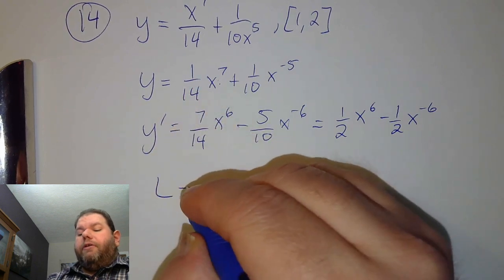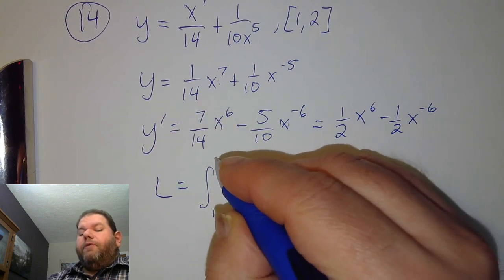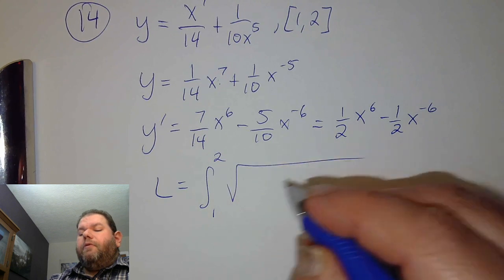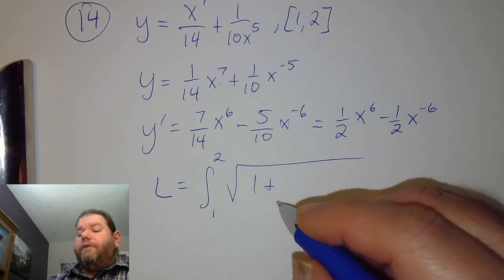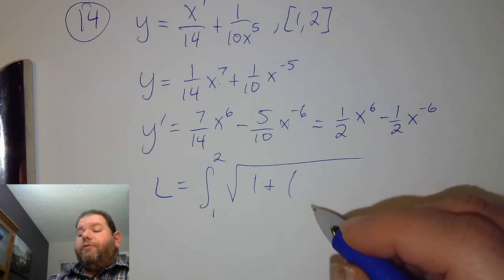So our arc length is the integral from 1 to 2 of the square root of 1 plus this term in parentheses squared.